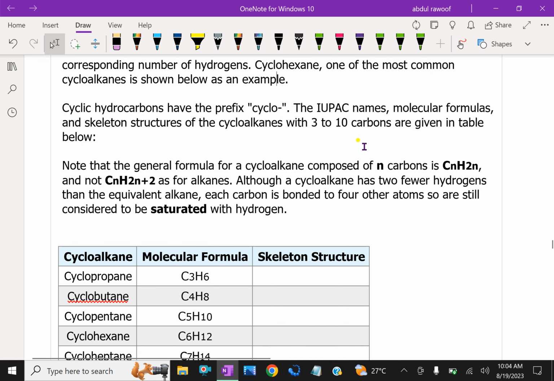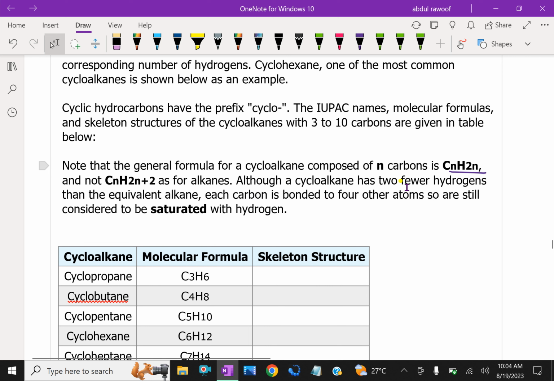Here, note the general formula for a cycloalkane composed of n carbons is CnH2n and not CnH2n+2. Here, this is the formula for cycloalkane, CnH2n.